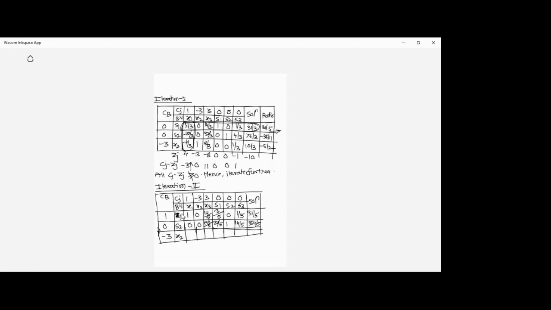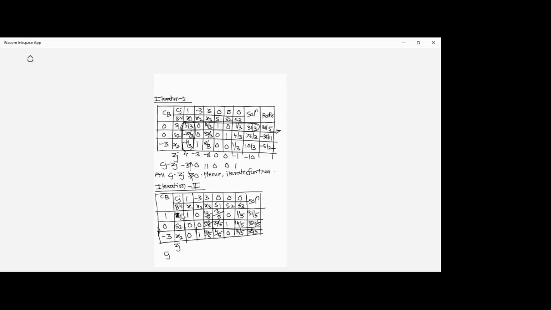Next, we have 0, 1, 32 by 5. Then we have 4 by 5. Then we have 0. Then we have 3 by 5 and 58 by 5. Right? So you can check my values, and see if I've got it right or not. You can take a screenshot of this and try completing this problem as well.